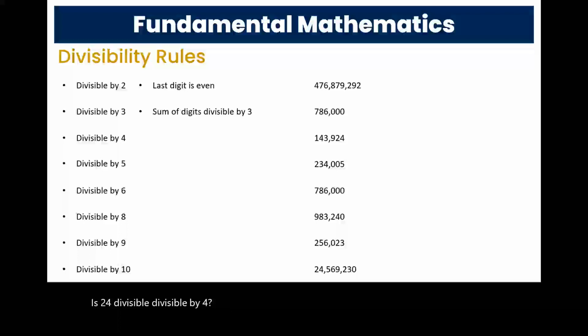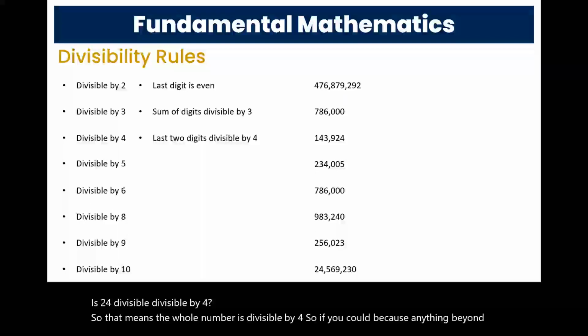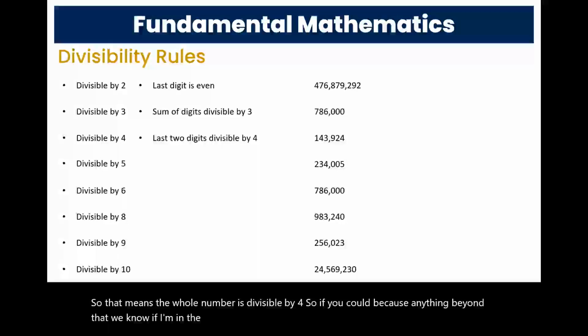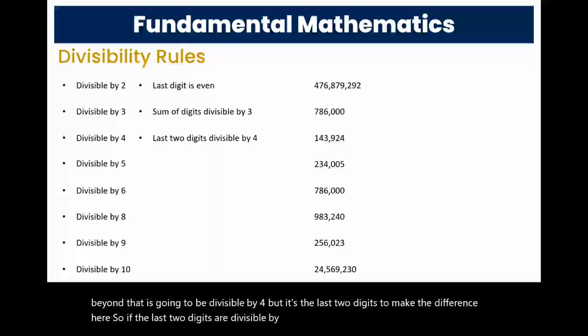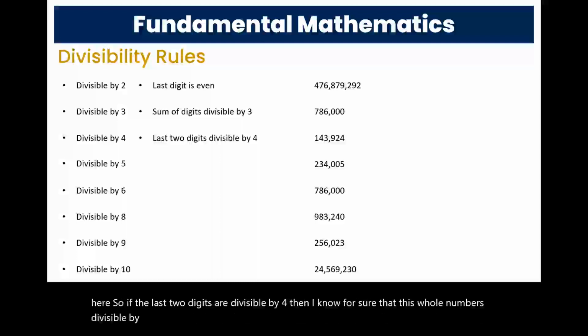So that means the whole number is divisible by 4. Because anything beyond that, we know if I'm in the hundreds, 100 is always divisible by 4, which means everything beyond that is going to be divisible by 4. But it's the last 2 digits that make the difference here. So if the last 2 digits are divisible by 4, then I know for sure that this whole number is divisible by 4.